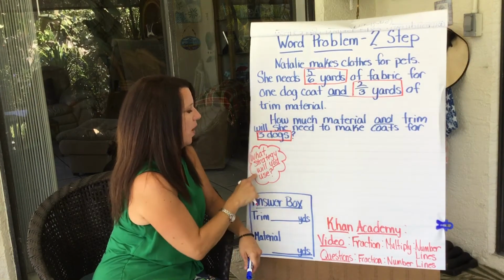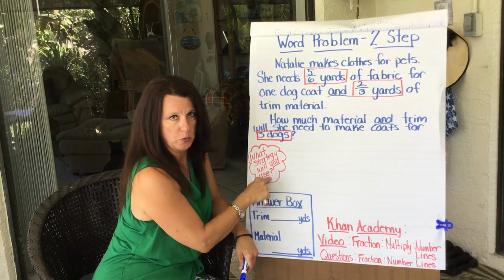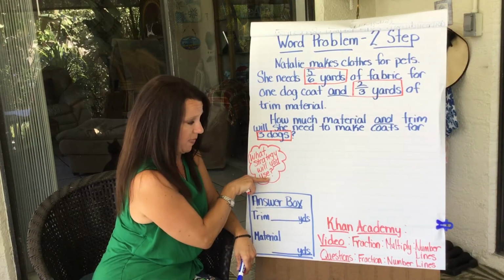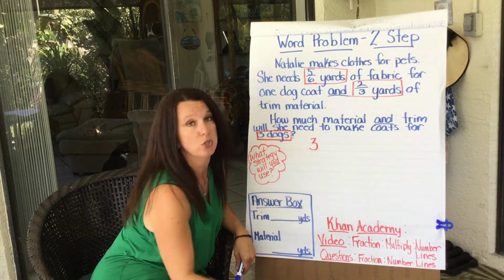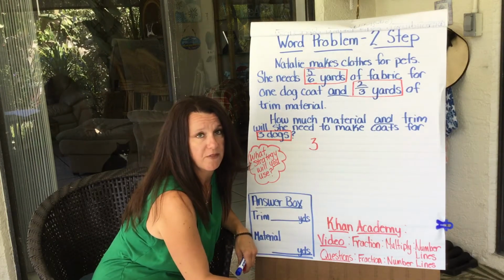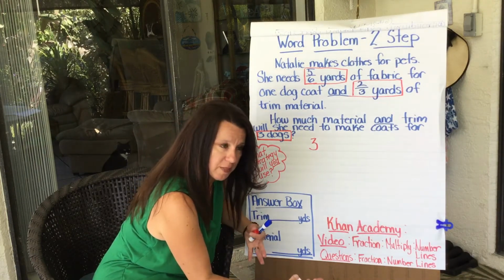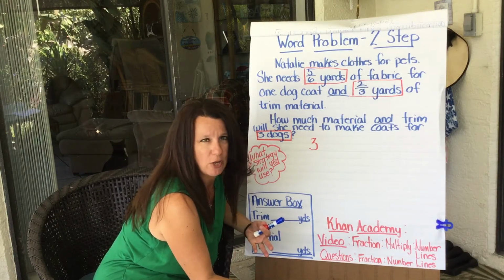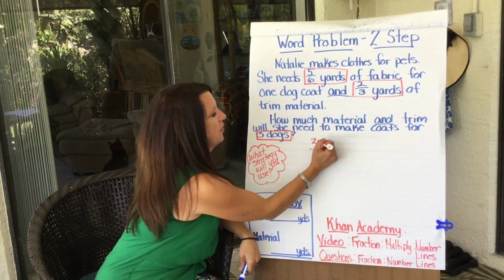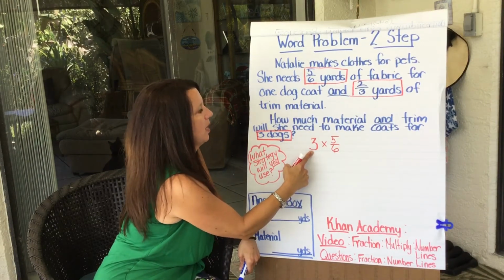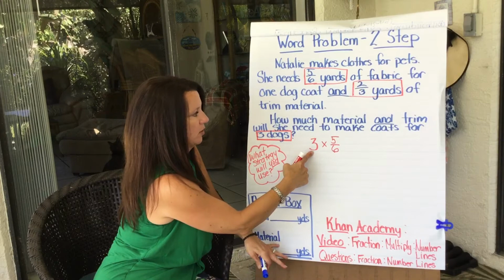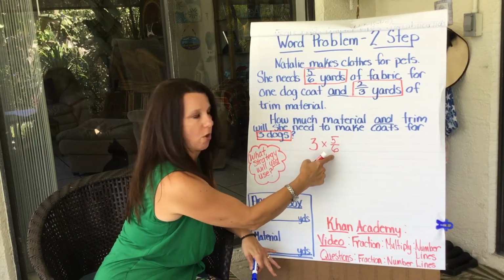All right, so what strategy will you use? You can use any strategy you want on this. Okay, I am going to take the shortest route because I like to work efficiently, quickly, but accurately too. So the first thing I need to do is set up what I am looking for. Okay, this is going to be the dog coats, right? The yards for the dog, the material for the coats.